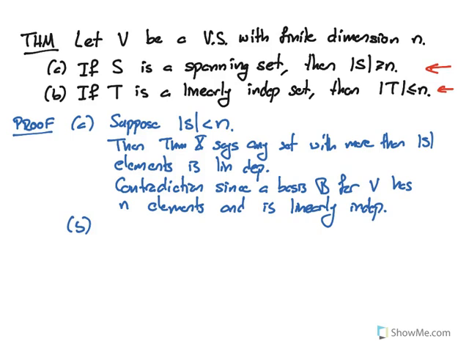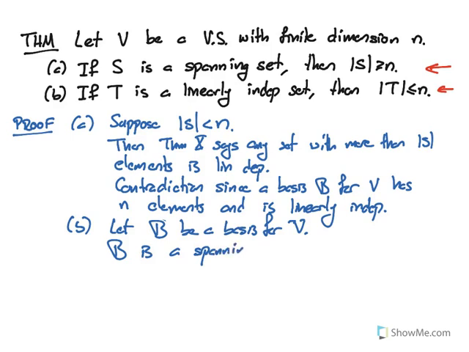And the second part works exactly the same. This is directly theorem X. We don't even need any contradictions. Let B be a basis for V. B is a spanning set with n elements.